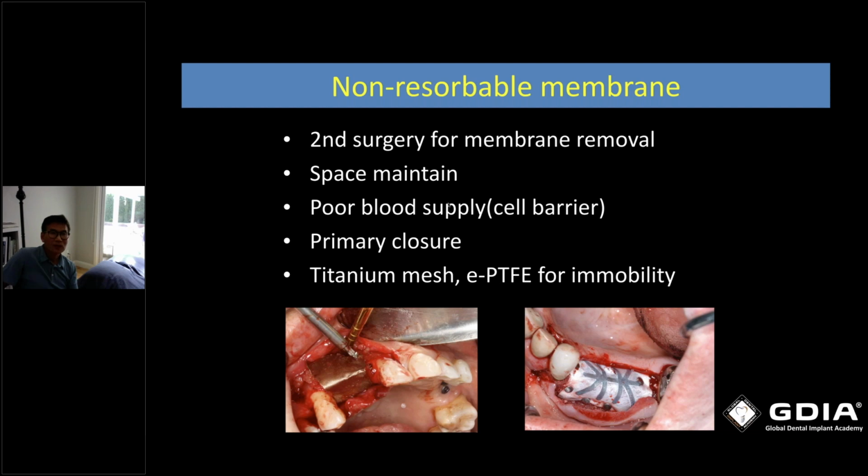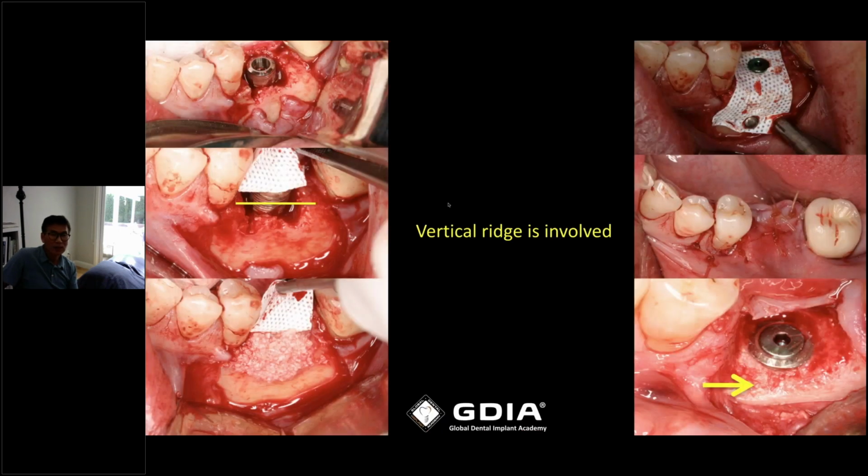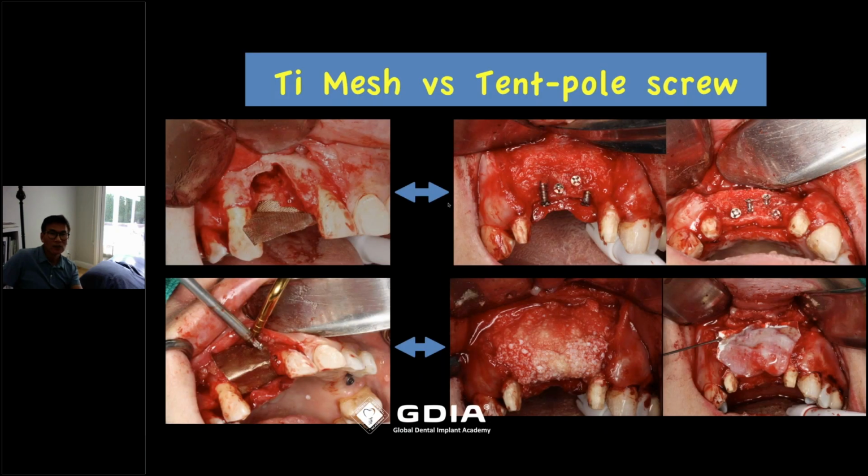So this is a case where Osteohealth has the non-resorbable one, not titanium reinforced, but still the PTFE membrane. So you fixate it, and you get the marginal vertical ridge involved. By using it, there was nice bone regeneration. So this is titanium mesh with tenting screws.